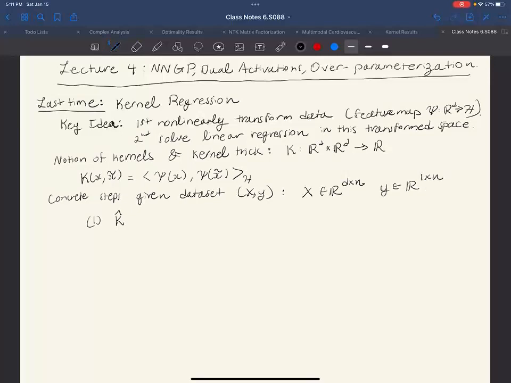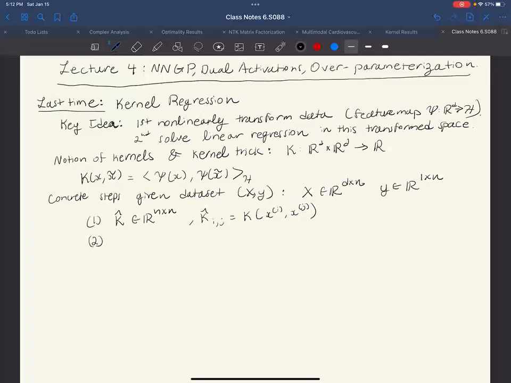You have n labels for this data. You compute k hat, which is an n by n matrix, and k hat of ij is just the kernel between xi and xj, between those two examples.